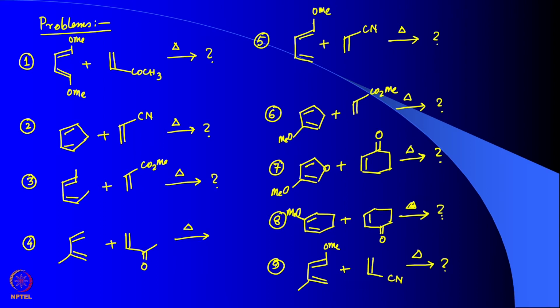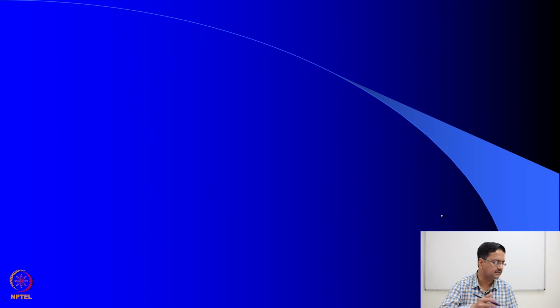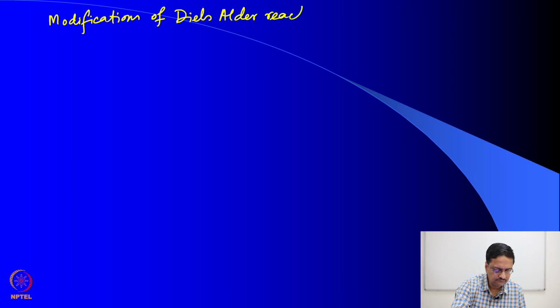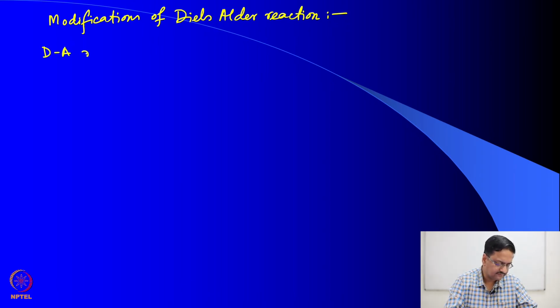So, let us try to see what are the possible modifications of the Diels-Alder reaction that one can think of. Modifications of Diels-Alder reactions. What do we know about the standard Diels-Alder reaction?